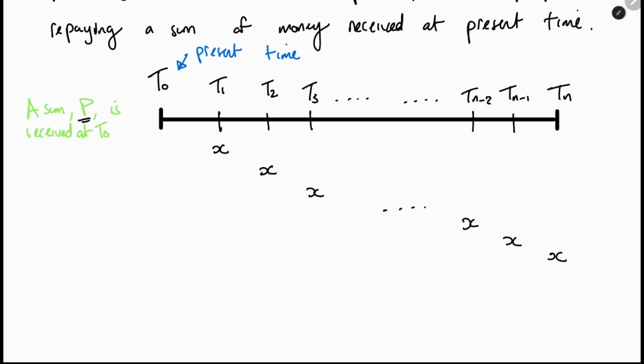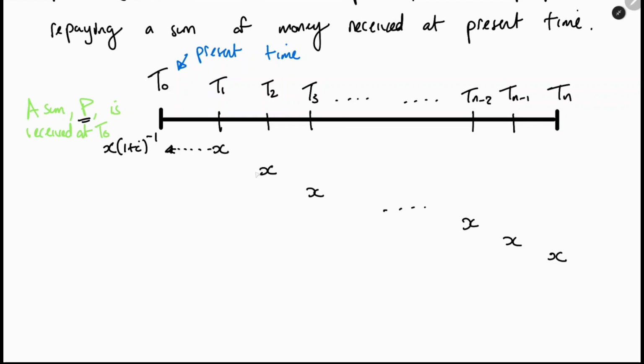Okay, so each of these regular payments of x need to be decayed or discounted back to time 0. So like this value needs to be taken back to time 0. So in this case it will be x times 1 plus i, whatever the interest rate is, to the power of minus 1, because it's being decayed or discounted back just one period.